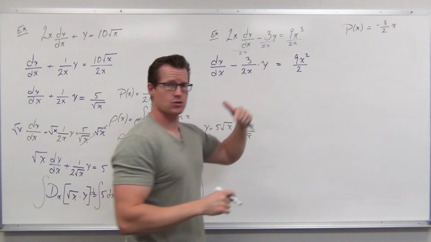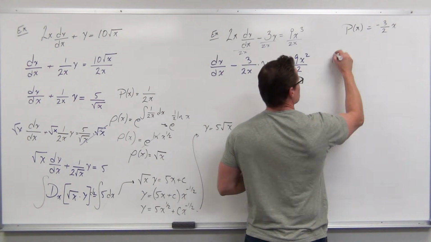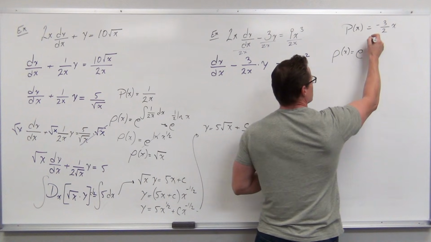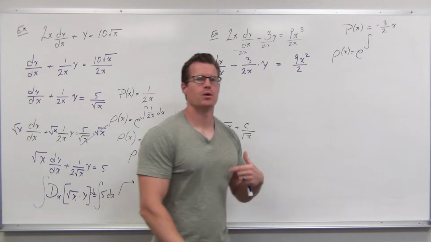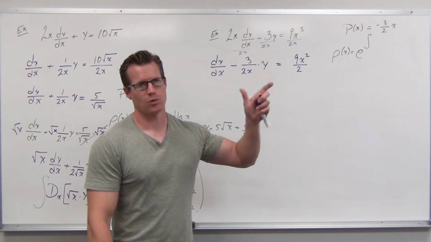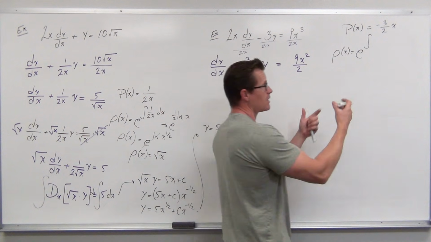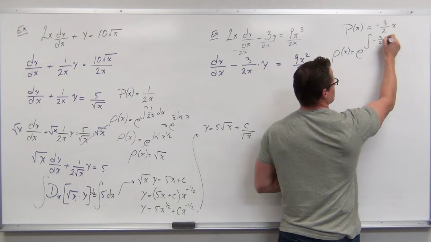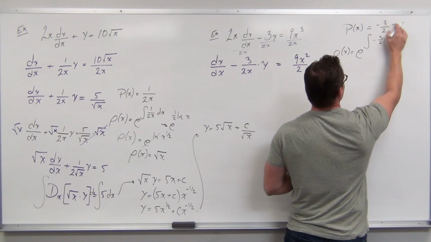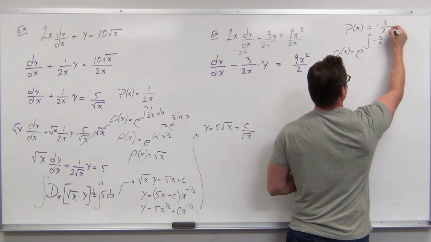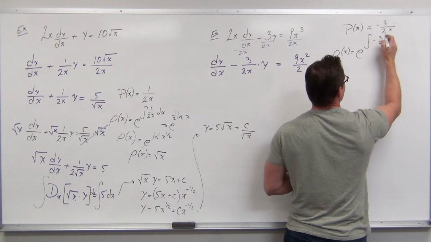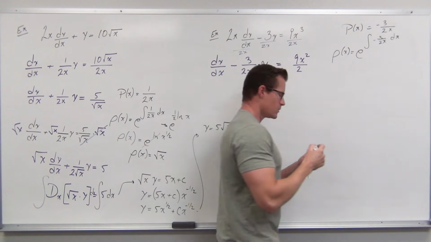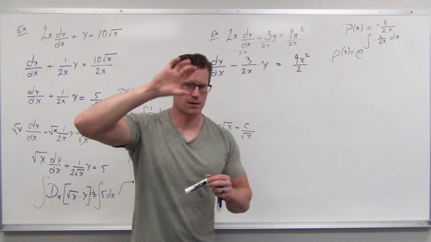When you take the integral of that, that becomes the exponent of your e to the rho, the e to some function of x. That becomes, as an integral, that function. Just like we did before, you can pull that negative 3/2 out.